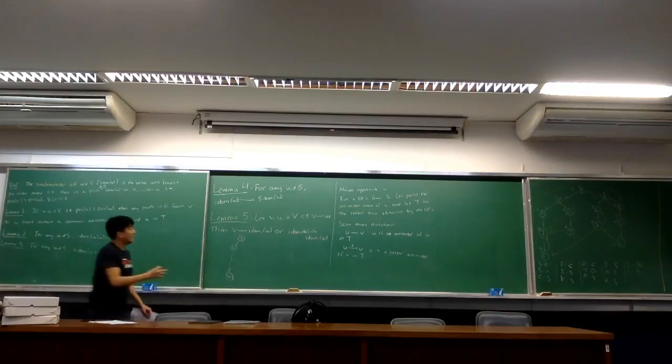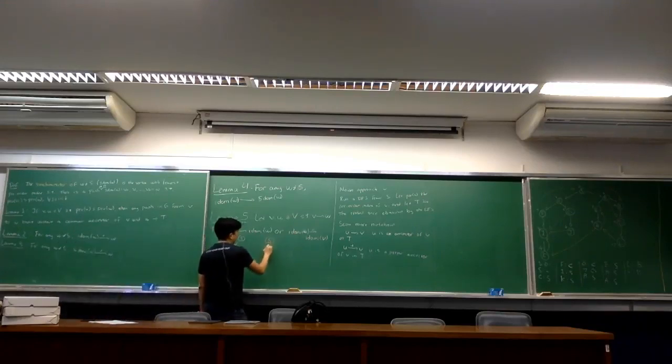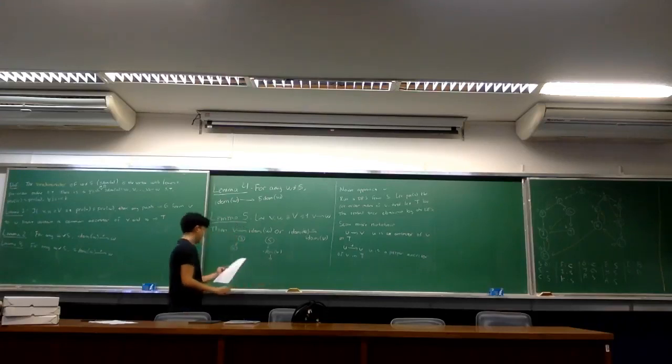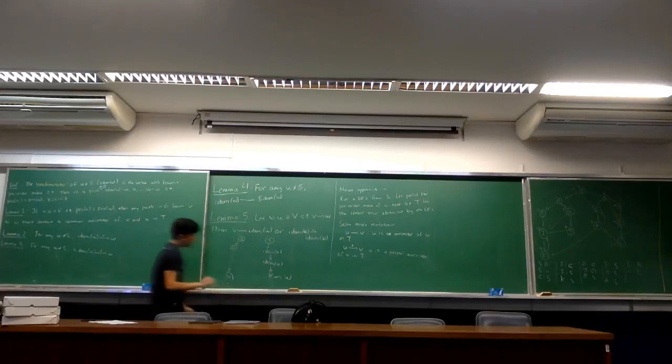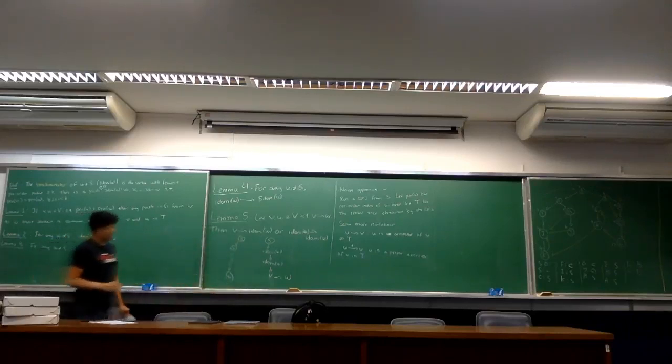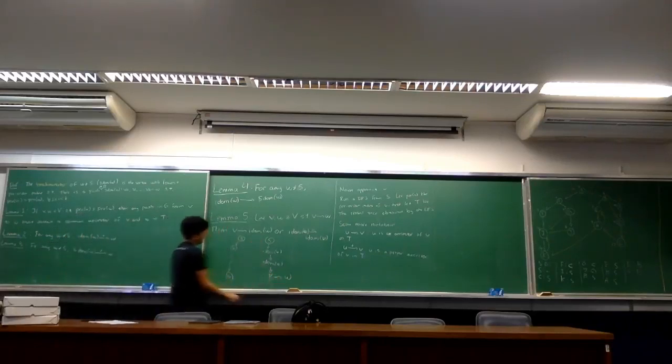Okay, so what this is saying is that this cannot happen. So the path from S to W must not reach these vertices in this specific order.